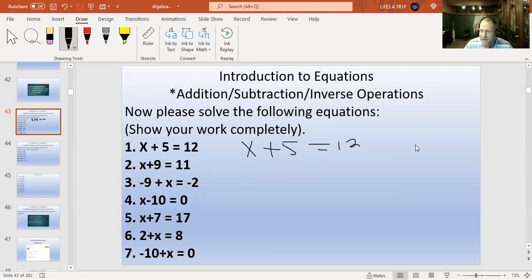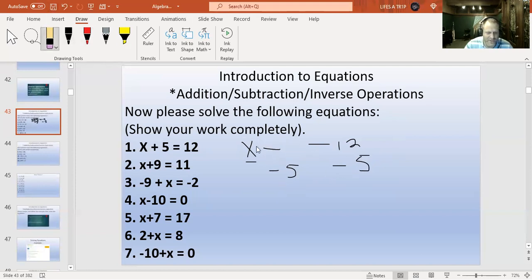If we're doing addition, to get the x by itself, we need to do the inverse process, which is the cancellation method, which is minus. And of course, what you do on one side, you do to the other side the exact same way. So minus 5 over here and minus 5 over there.